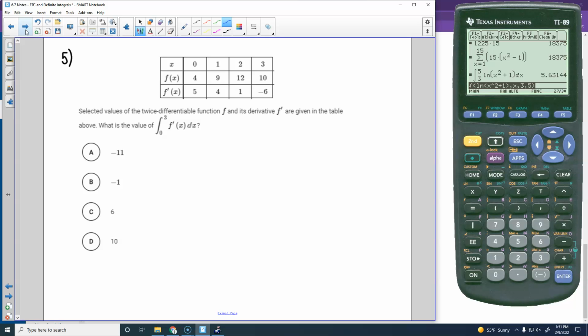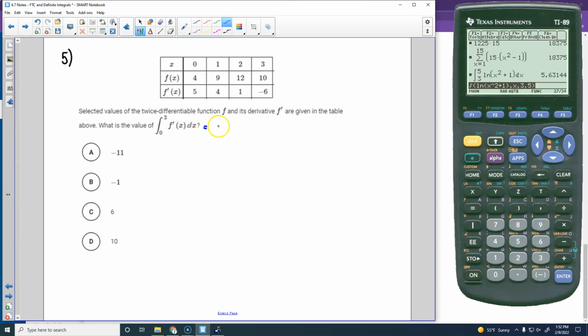Okay, so selected values of the twice differentiable function f and its derivative f prime are given in the table above. What is the value of the integral of f prime of x dx integrated from 0 to 3? So when we integrate f prime, we would get f, right?